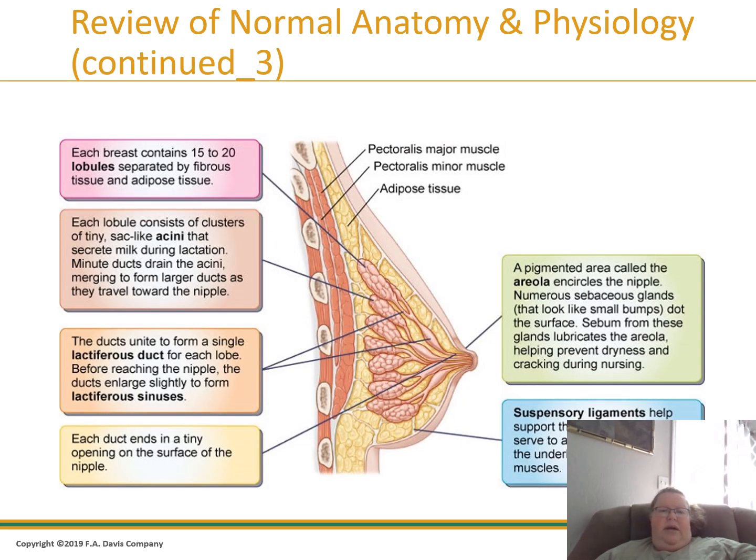Okay, so here we have the breast tissue, and each breast contains 15 to 20 lobules or lobes, separated by fibrous tissues and adipose tissues. What you need to know is that even small-breasted women can breastfeed because we all have milk ducts.